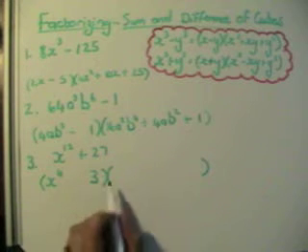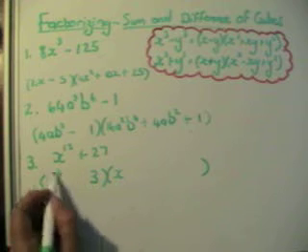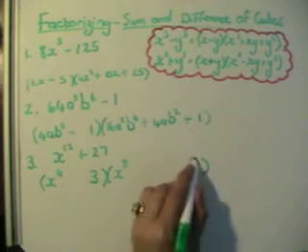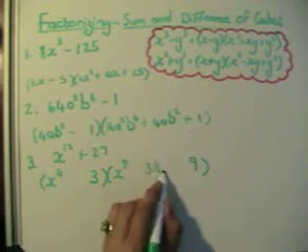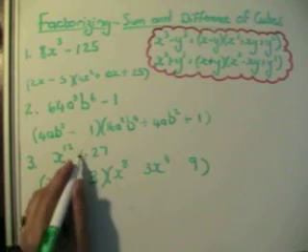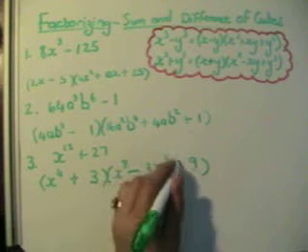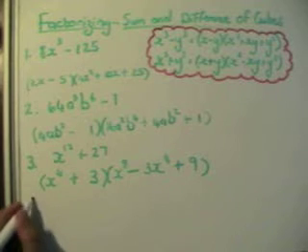For x to the power of 4 squared, I just double the exponent, so that will be 8, and 3 squared is 9, and I multiply these two for the middle term, giving me 3x to the power of 4. And then this is a plus, and if this is a plus, this is a minus, and the last sign is always a plus.